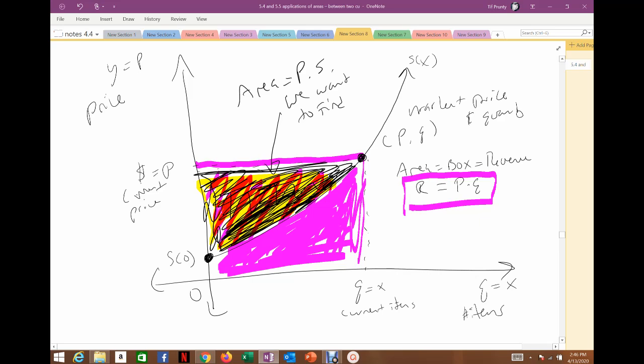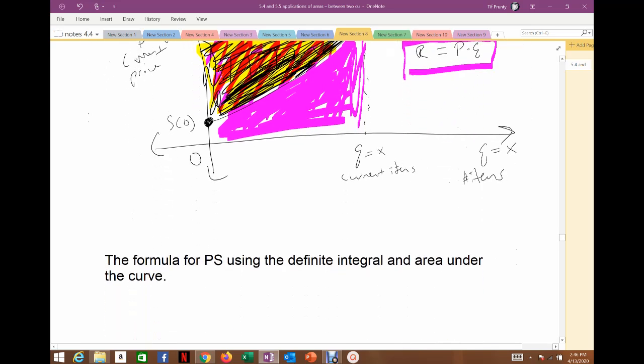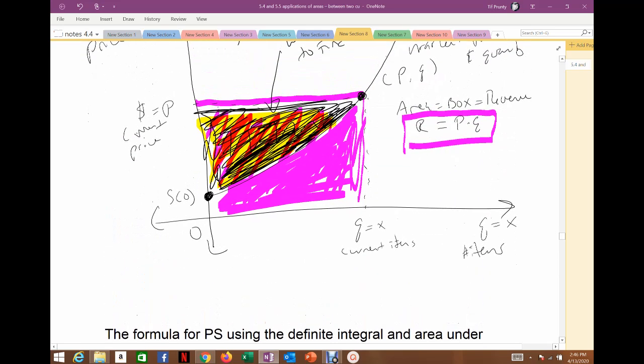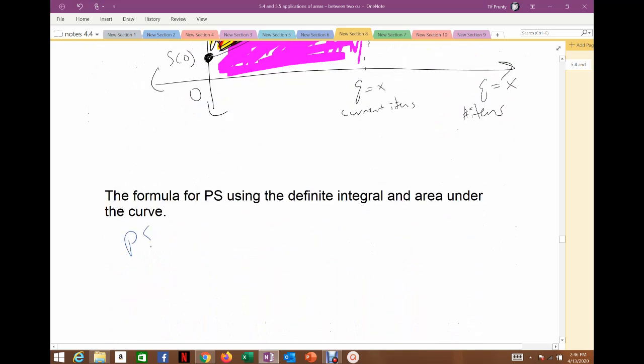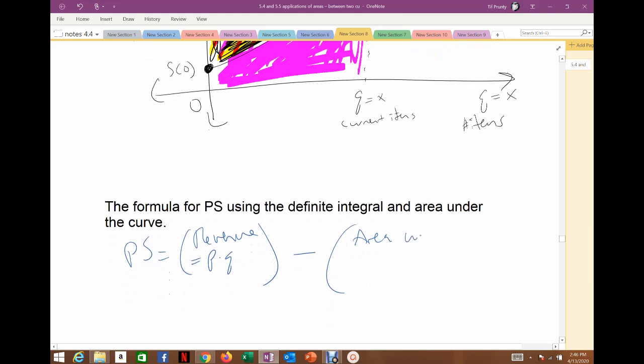So now we're going to set up the equation. First in words, the big area is the revenue, right? That's how much the producers get. So this would be the revenue, which is the current price times the current quantity, and they get that. They would have been willing to settle for less than that, and the amount less than that is the pink area, the area under the supply curve.